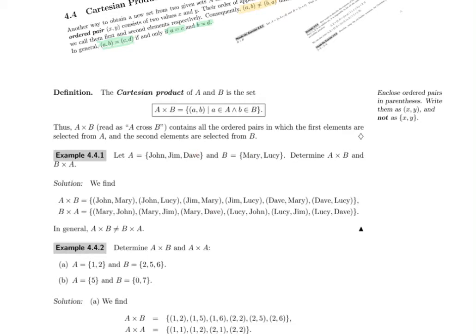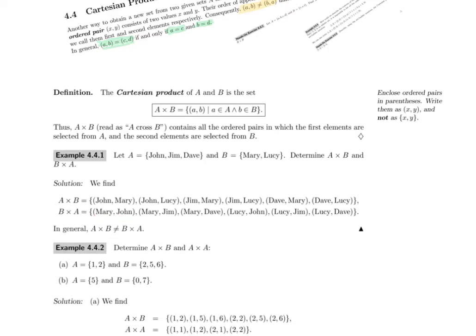Notice there's a systematic way of doing this. Once you've exhausted all of the possibilities that start with Mary, then you start with the possibilities that have Lucy as the first coordinate. So we have (Lucy, John), (Lucy, Jim), (Lucy, Dave).